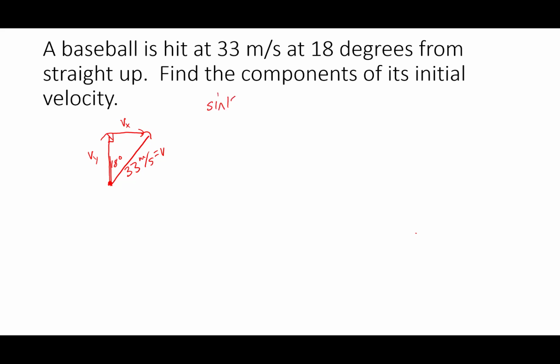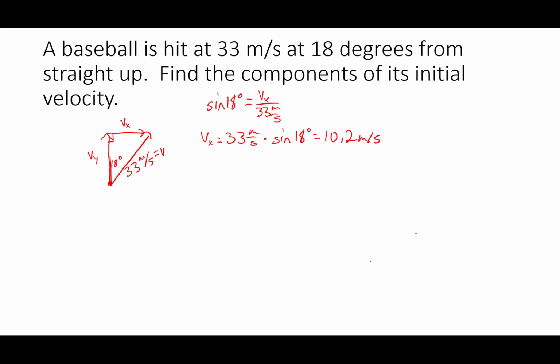Sine of theta is equal to opposite over hypotenuse. We solve it and get Vx equals 33 meters per second times sine of 18 degrees. Plug it into a calculator: 33 sine 18 is 10.2 meters per second.